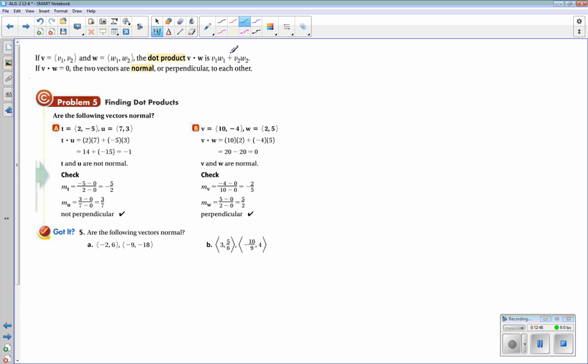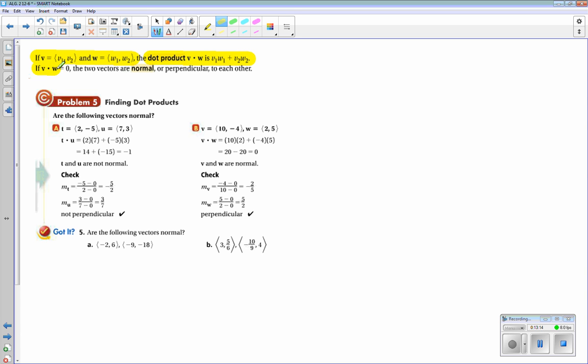All right, so let's get to our second part of the learning objective. If we have vectors v1, v2 and w1, w2, the dot product, which is kind of like vector multiplication but a little bit different, is v1 times w1 plus v2 times w2.